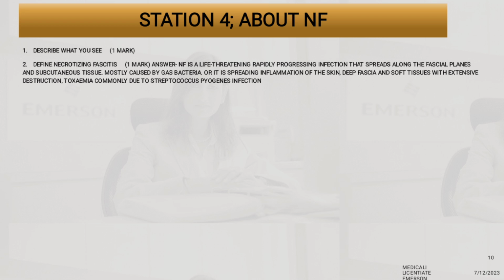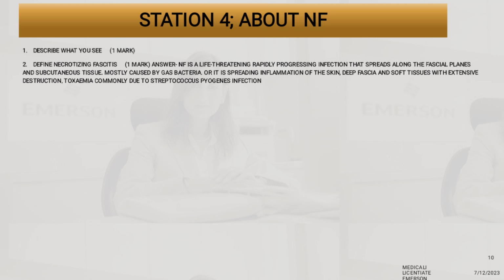So I've described what I've seen. The definition of necrotizing fasciitis: this is a life-threatening, rapidly progressive infection that spreads along the fascial planes and subcutaneous tissue. I don't like putting the cause, mostly caused by gas bacteria. It is correct, but maybe just define it without mentioning the cause.